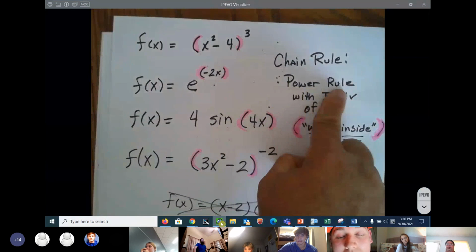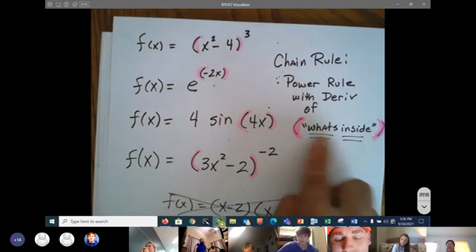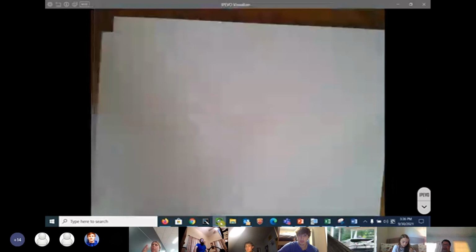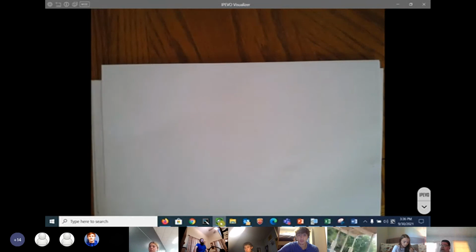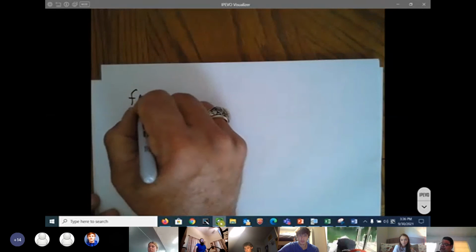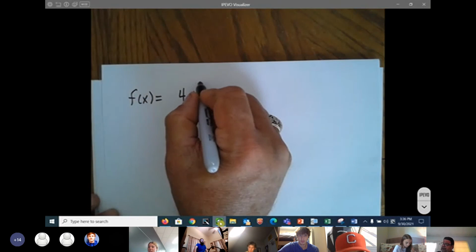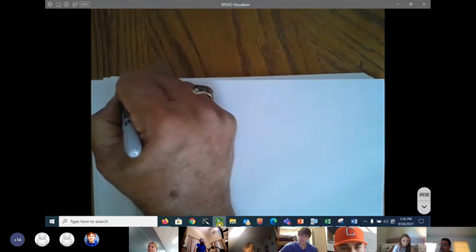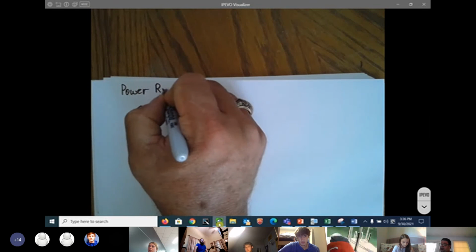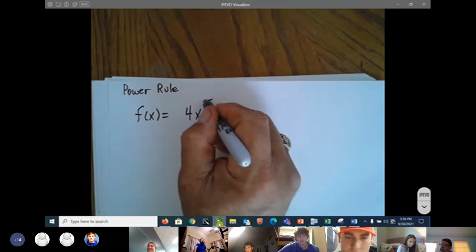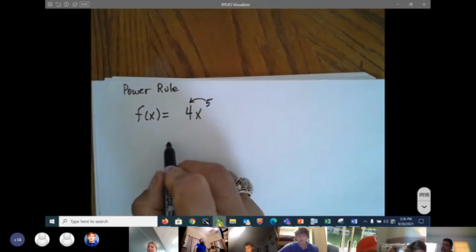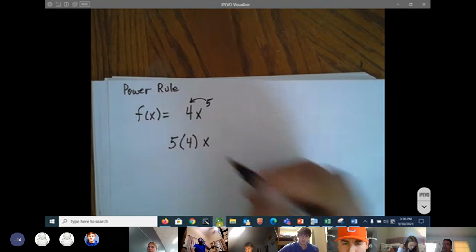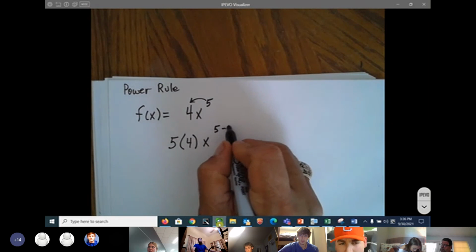You do the power rule, and then you add the derivative of what's inside. Let me show you what I'm talking about. With the power rule, we said that if you have f of x is equal to 4x to the fifth, the power rule says I'm going to bring this out, and that's going to be 5 times 4, bring the x down, 5 minus 1.